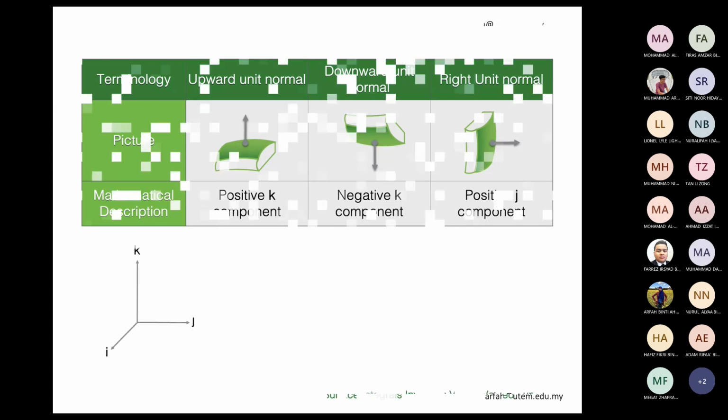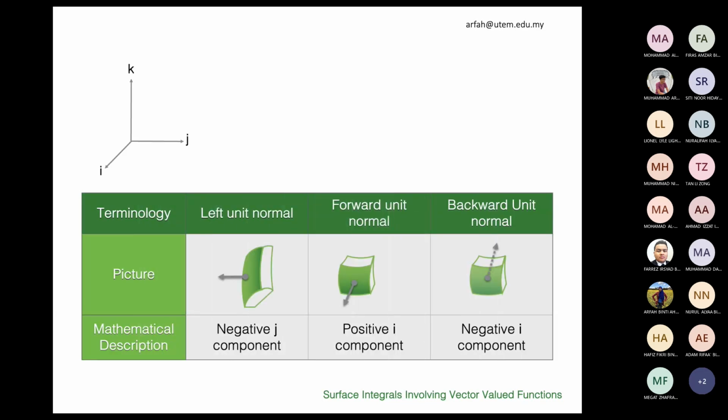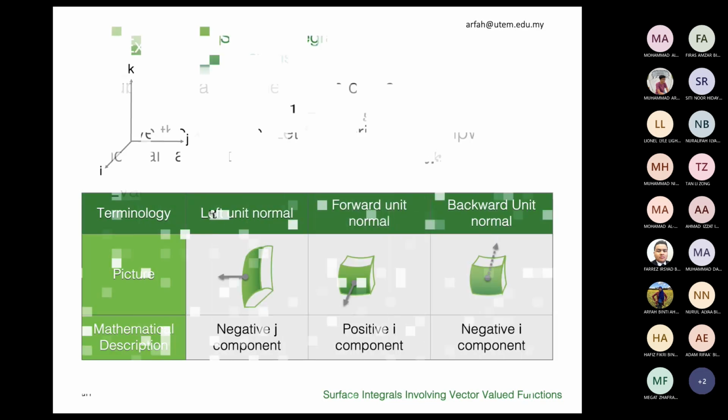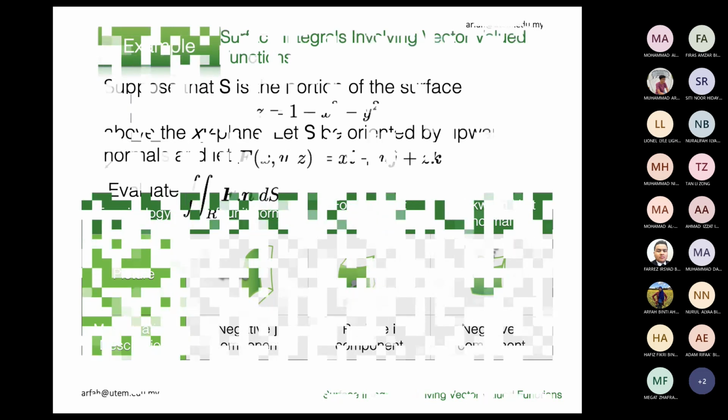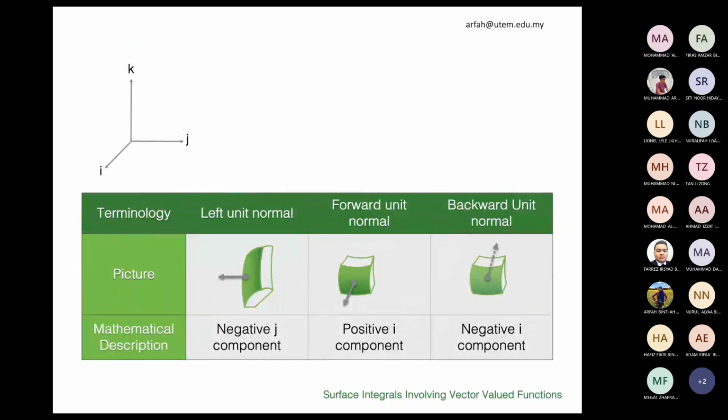Okay. So this is the terminology, and continuing from this one, the unit normal vector may be left, forward, or backward. For the left unit normal, the j component will have a negative value, meaning that the solid will be facing on the left.